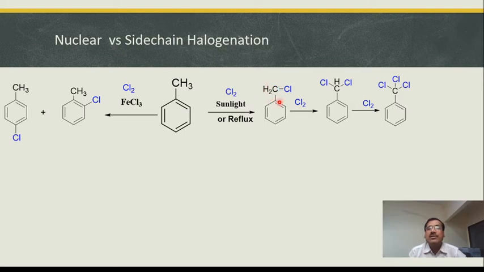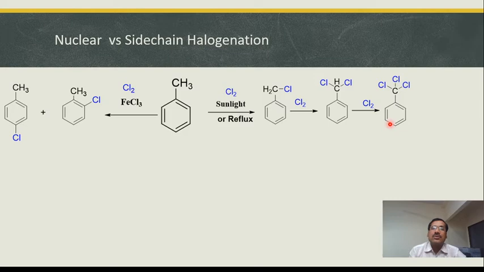This reaction will not stop at the benzyl chloride level, rather it will undergo subsequent side chain chlorination, resulting in the formation of dichloromethylbenzene and then trichloromethylbenzene.